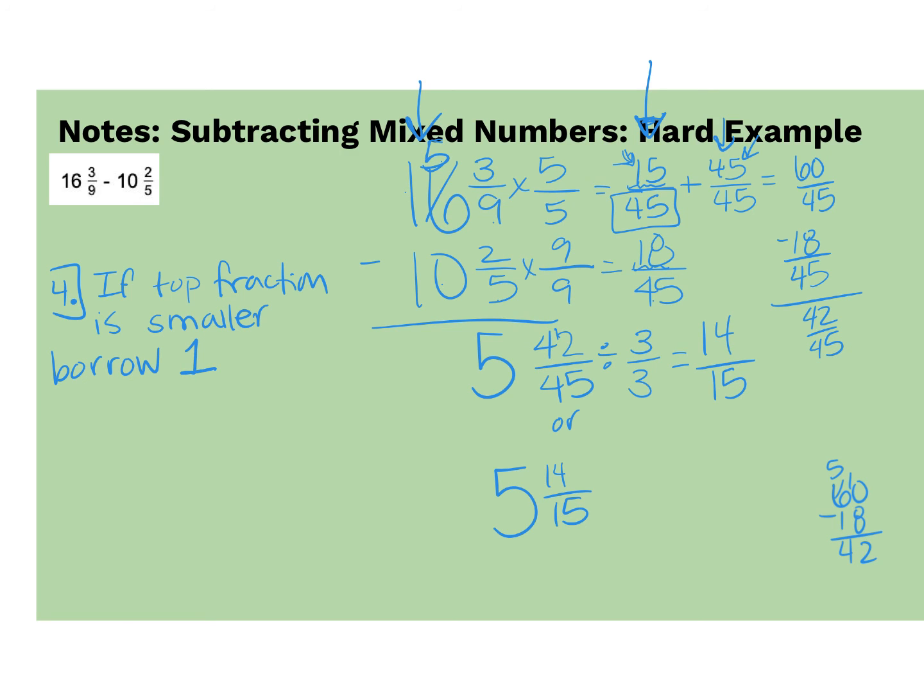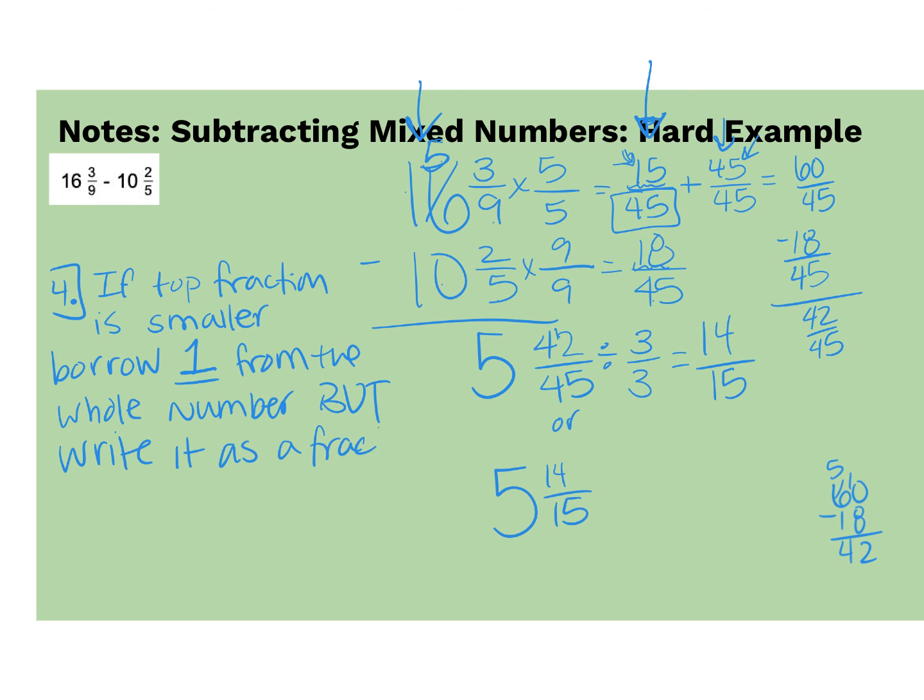We're going to borrow 1 from the whole number, but write it as a fraction. And then I'm going to put a little star here so you know what you're doing. Use the new denominator to make the fraction.